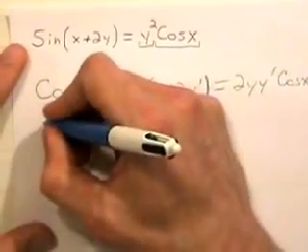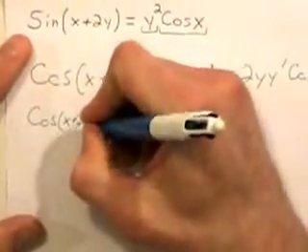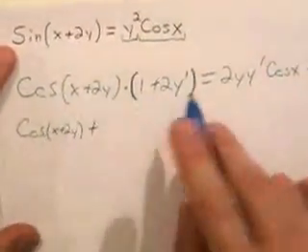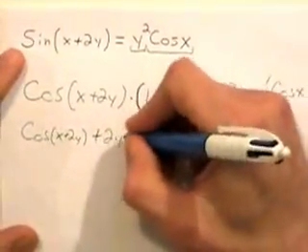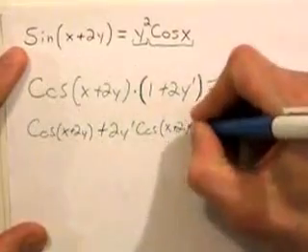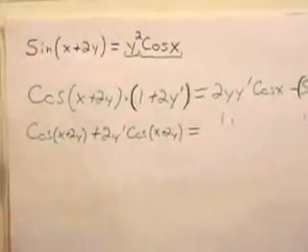So that'll be cosine x plus 2y plus, now when this goes here, it'll be 2y prime cosine of x plus 2y equals the same thing on this side.